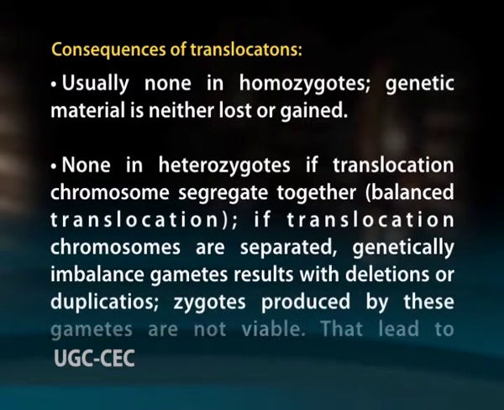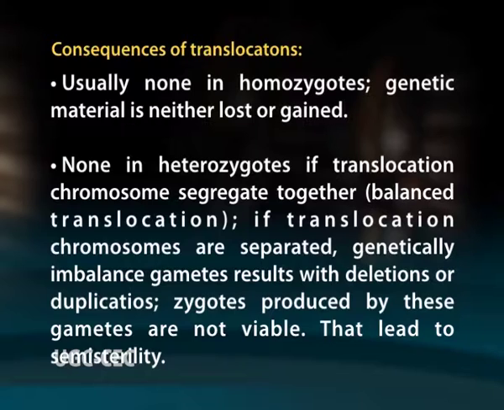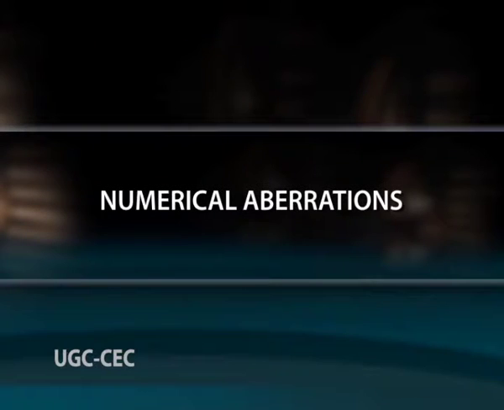None in heterozygotes if translocation chromosomes segregate together, that is balanced translocation. If translocation chromosomes are separated, genetically imbalanced gametes result with deletions or duplications. Zygotes produced by these gametes are not viable. That leads to semi-sterility.